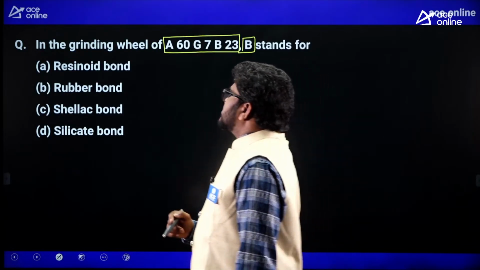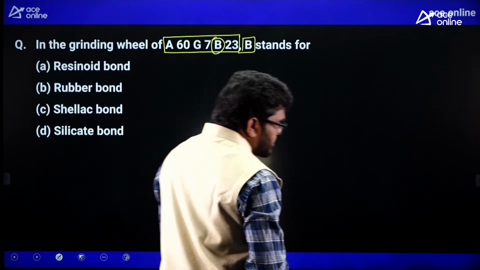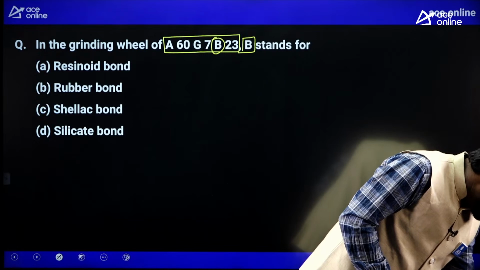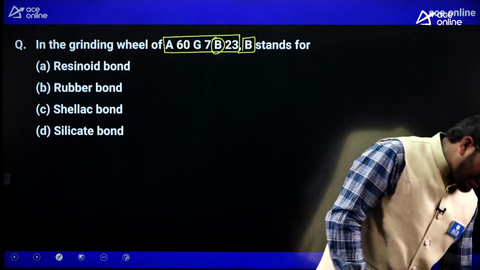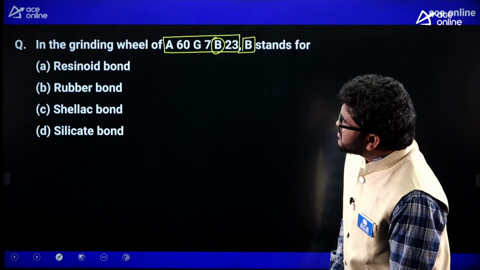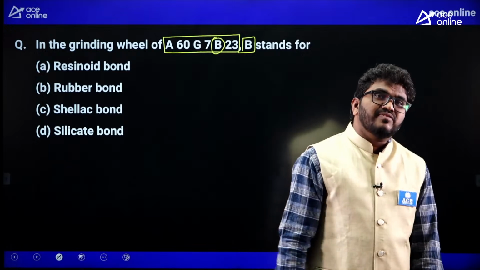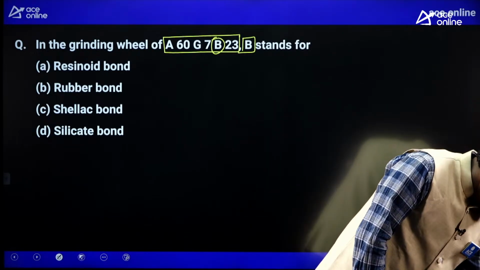The question here is, in a grinding wheel, the B stands for? Now tell me, everyone, Srinivas D, Vivek B, Naresh A. What is the answer?